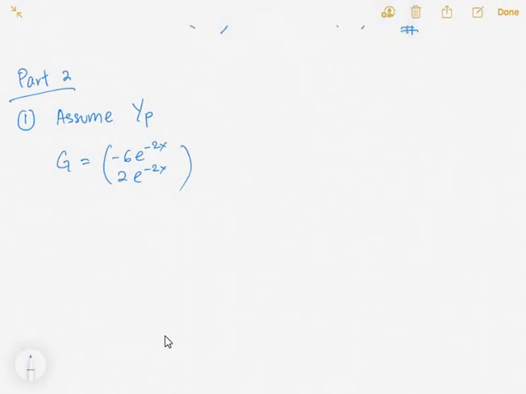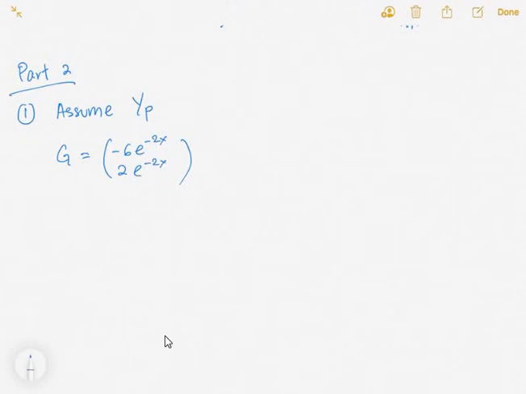So your assumed y_p is equal to u1, u2, exponent negative 2x.